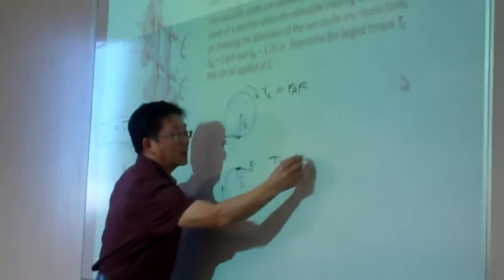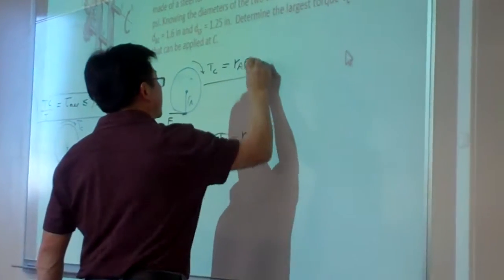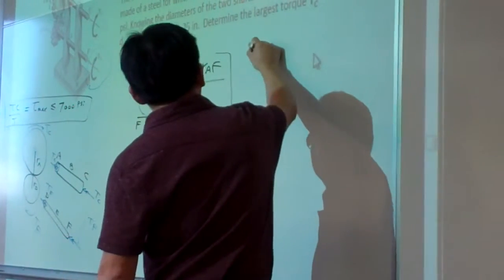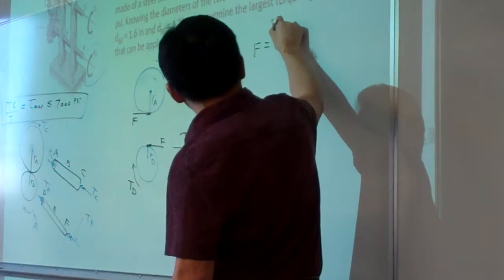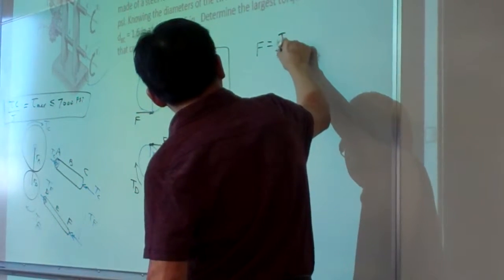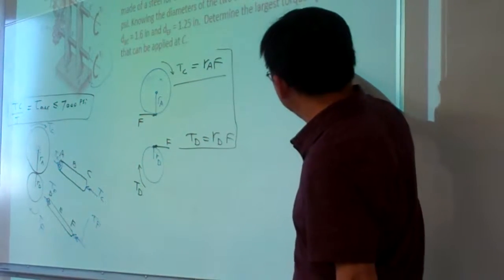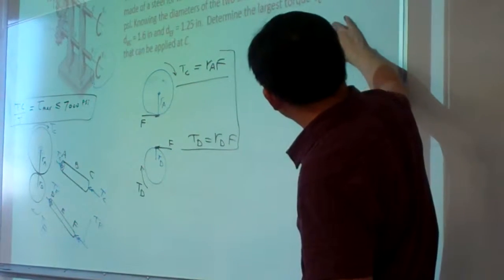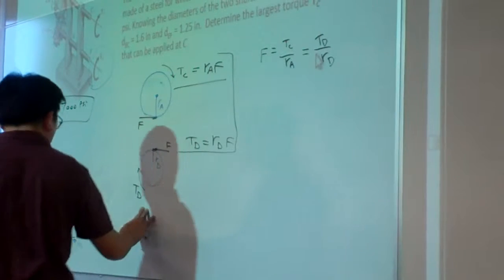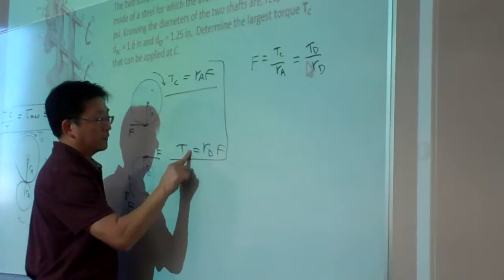So TD equals RD times F. So using the two relations, we get F on the top is equal to TC divided by RA. And for the bottom equation, F is also equal to TD divided by RD. Sorry, I kind of changed TF, right? So that is TF.